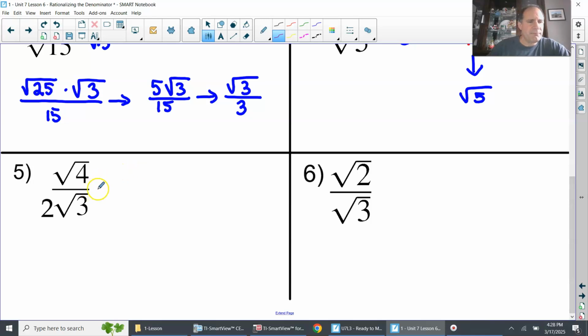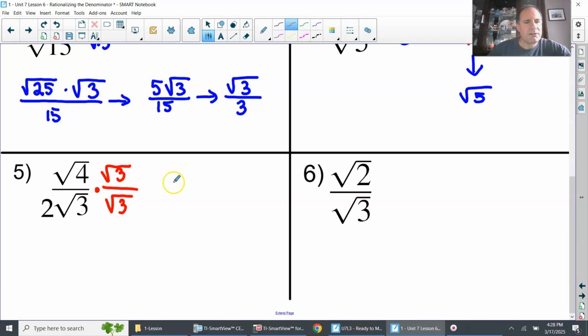For number 5, we're going to go and put down the square root of 3 because we want to rationalize the denominator. So we're not going to multiply by the 2 that's next to the 3, just the radical 3.